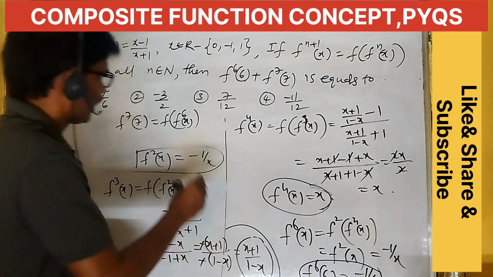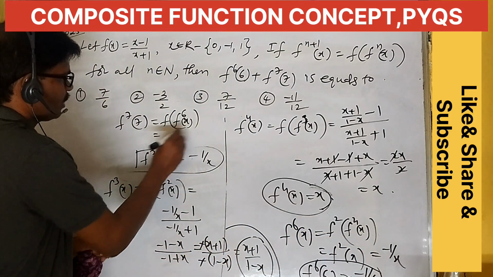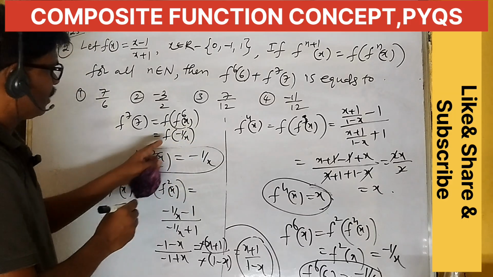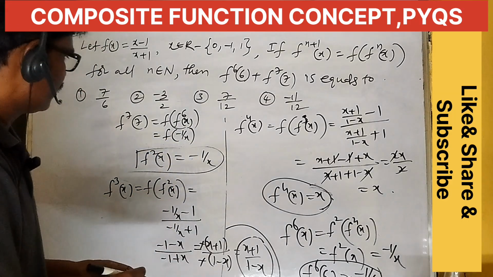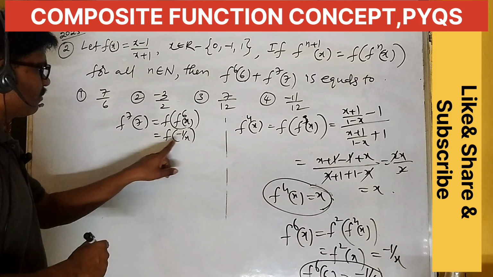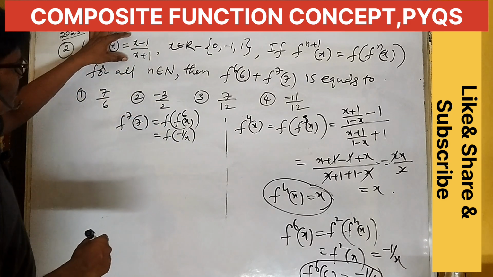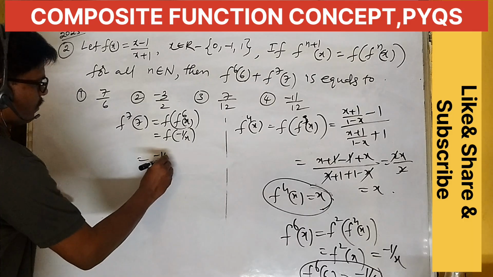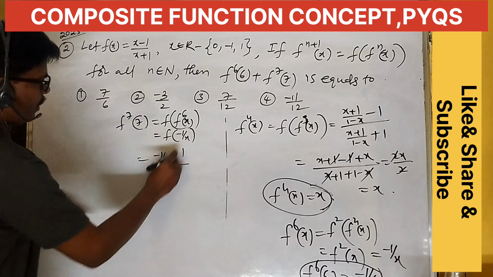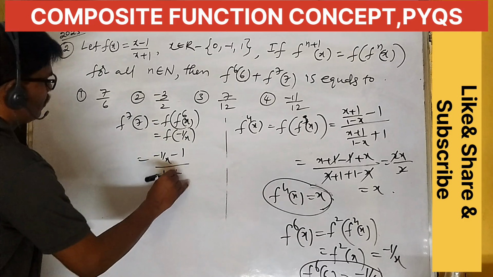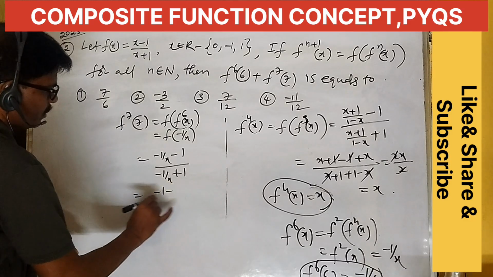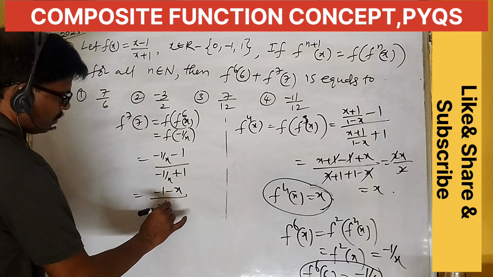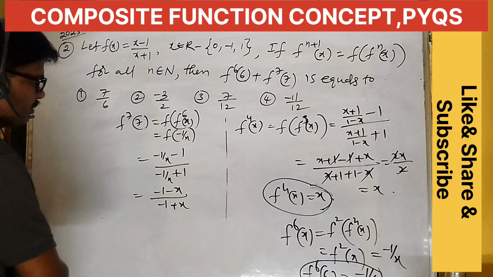It is equal to minus 1 by x, so we need f of minus 1 by x. f of minus 1 by x is equal to minus 1 by x plus minus 1 by x plus 1. Simplify this: x minus 1 minus x by x, this is minus 1, this is plus x.